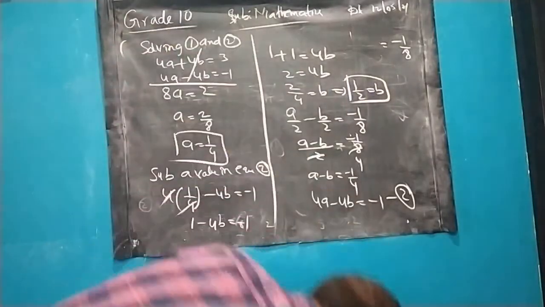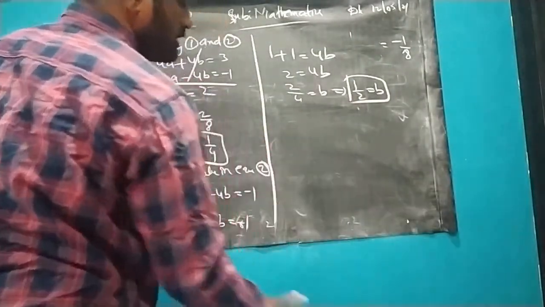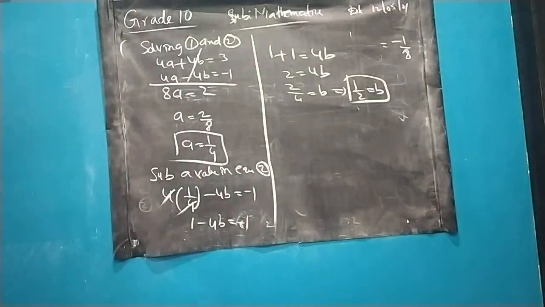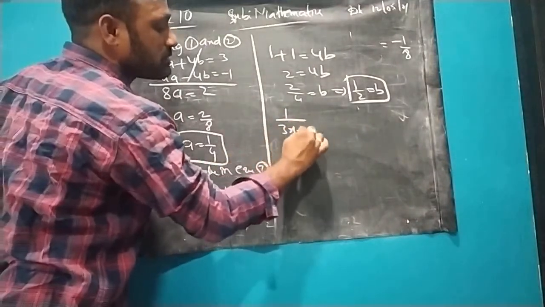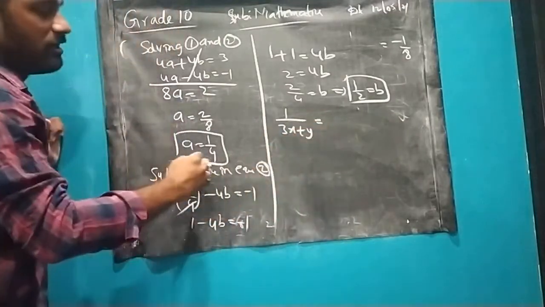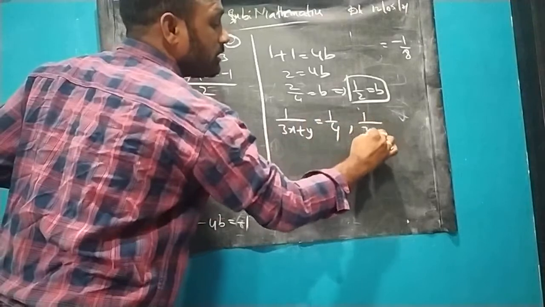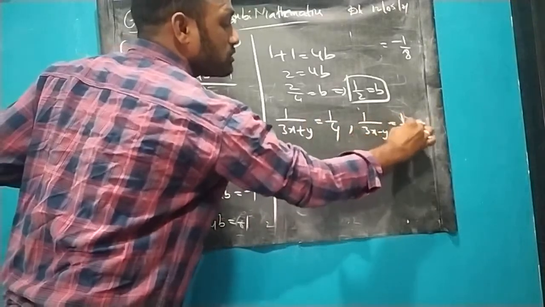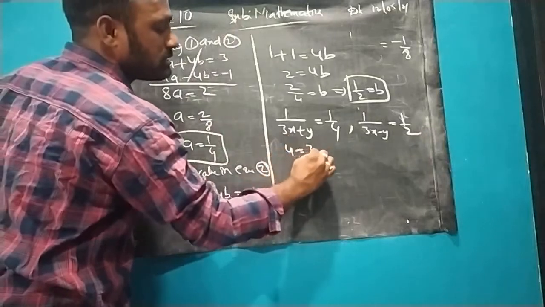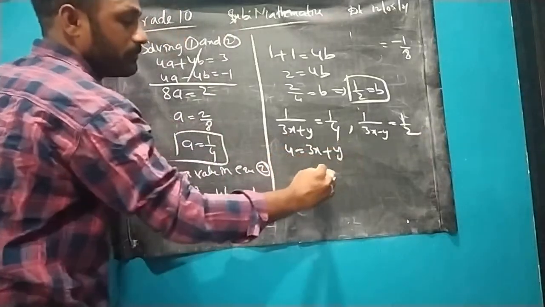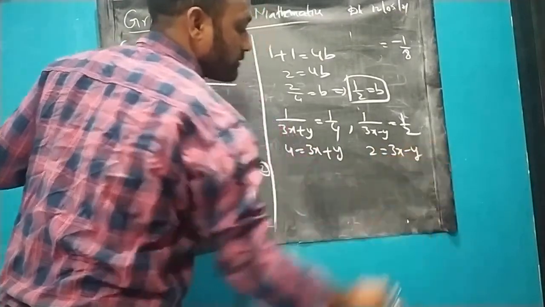Now after getting the a and b values, the same thing what we have assumed as a and b, we will make that equal. So we have assumed 1 by 3x plus y is a, value is 1 by 4. Next, 1 by 3x minus y is equal to b, is 1 by 2. So it will become 4 is equal to 3x plus y, 2 is equal to 3x minus y.